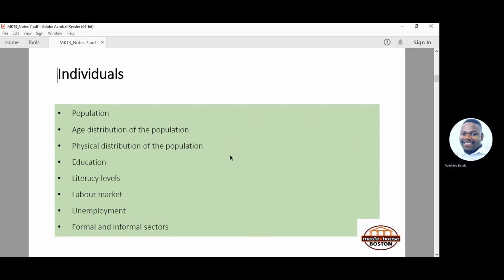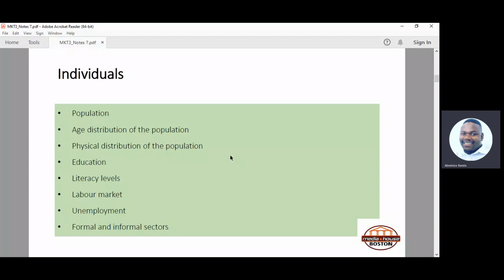The other thing that we focus on is the physical distribution of the population as well. You realize that Gauteng, for example, is growing, and some people are coming to the city to seek greener pastures and so on. So we need to take note of that.